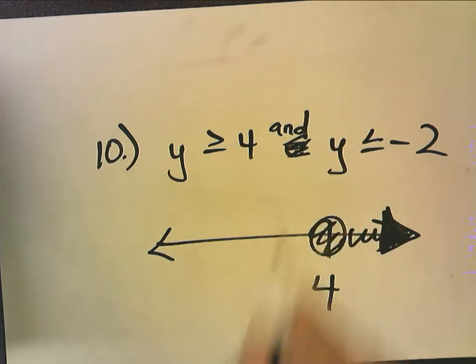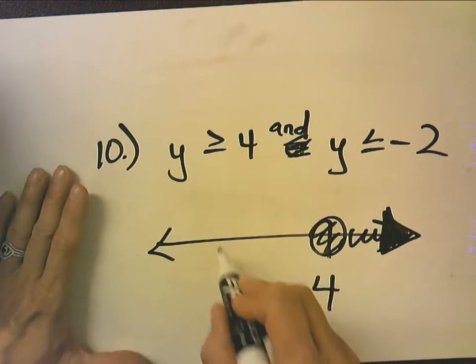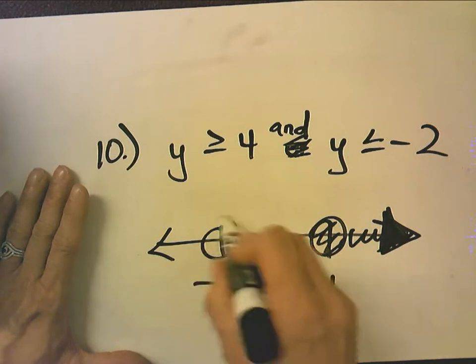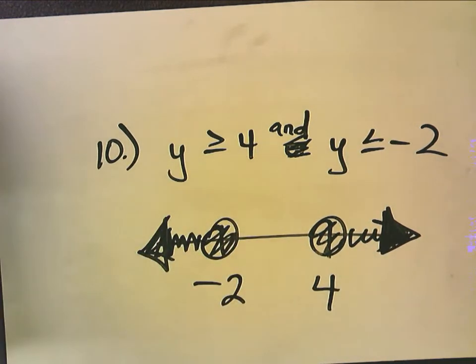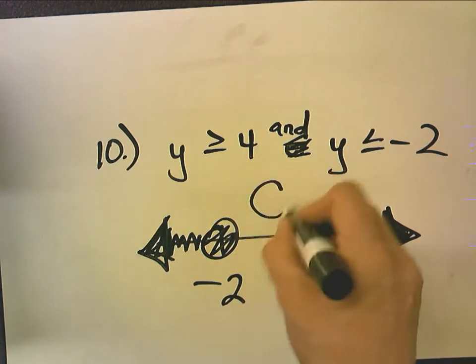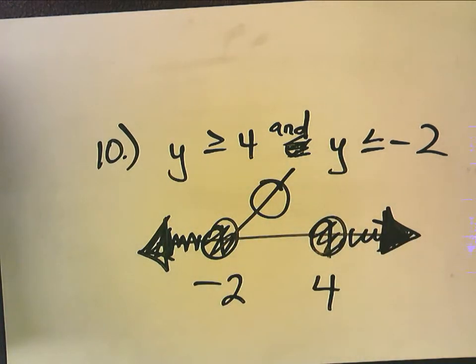Number 10 is and. While at the same time being less than or equal to negative 2. Well, that's impossible. There is no number that at the same time is greater than 4 and less than negative 2. So this is no solution, and it's an empty number line. And number 10 is S, because S says no solution.